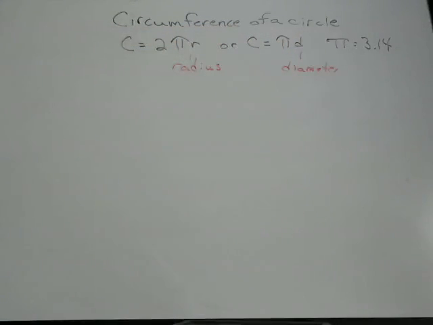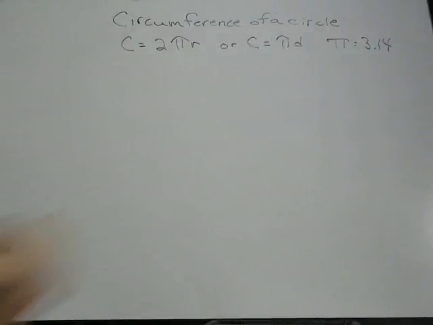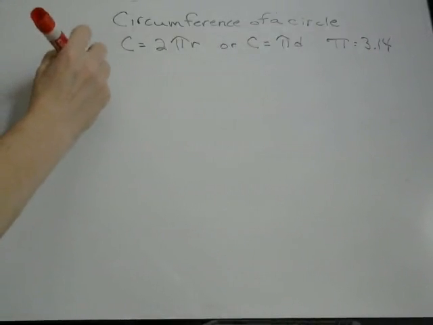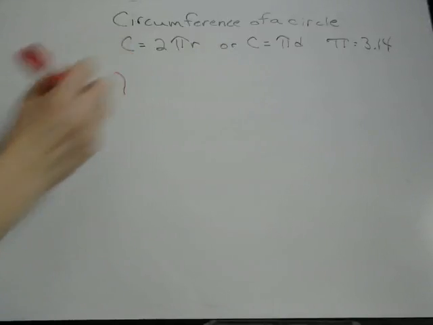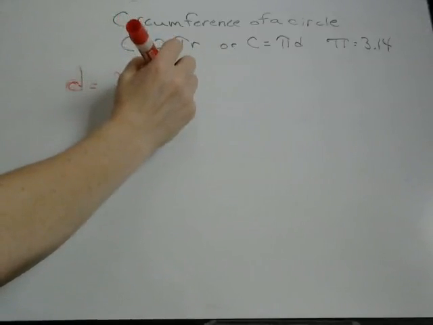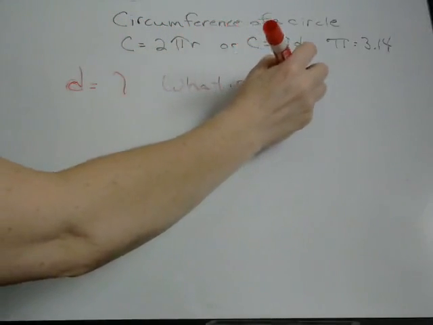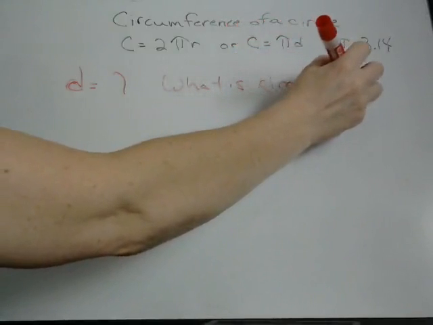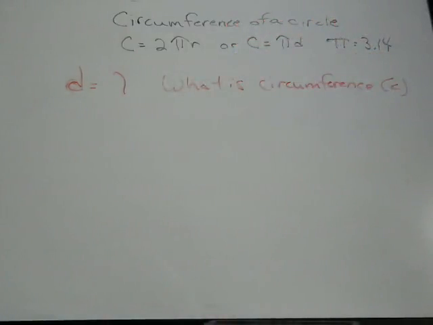So we're going to do a few examples here. The first thing we'll do is just straightforward questions. So if I tell you the diameter, d, is 7, what is the circumference? I'm going to abbreviate circumference as C in the future, so I don't have to write that out all the time.